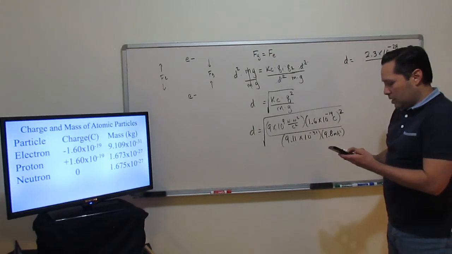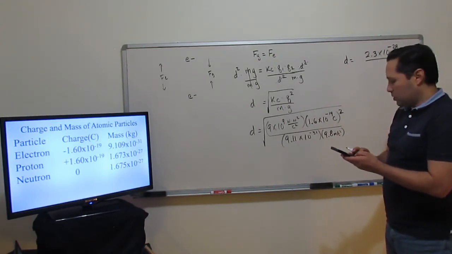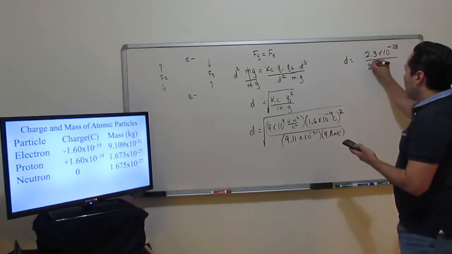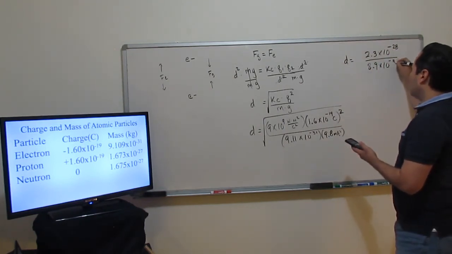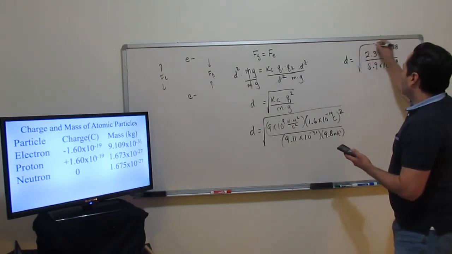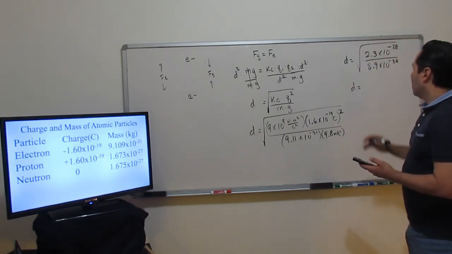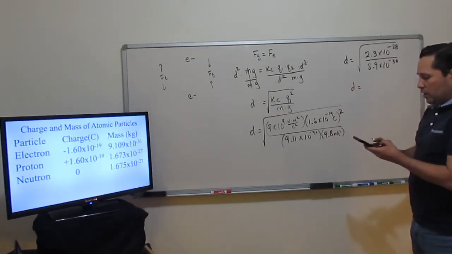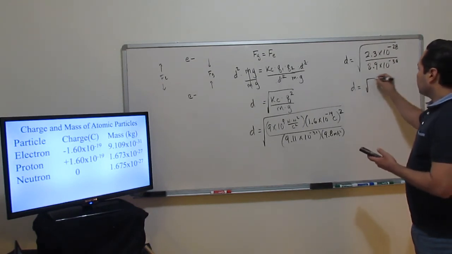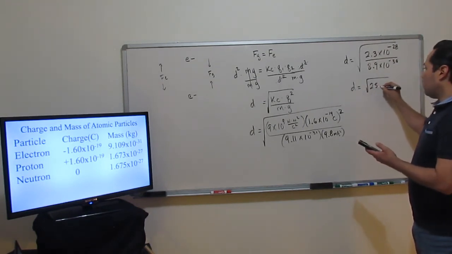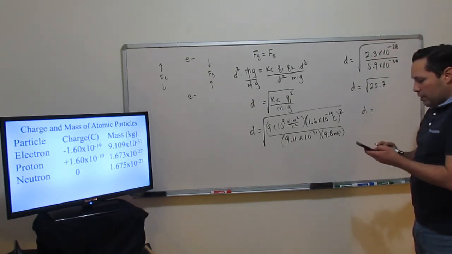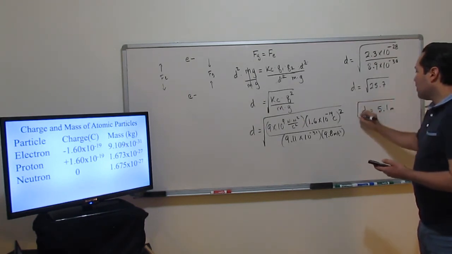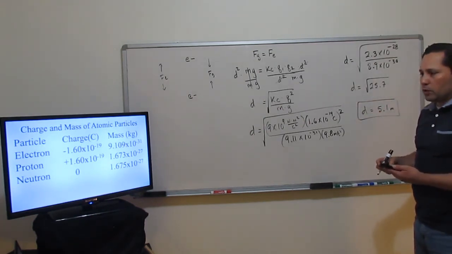Our denominator is 9.11 times 10 to the negative 31 multiplied by 9.8, which gives me 8.9 times 10 to the negative 30. And this whole thing is square rooted. So now we're going to divide. 2.3 times 10 to the negative 28 divided by our answer gives me 25.7. Finally, square root of that: 5.1 meters. That will be the distance between our two electrons.